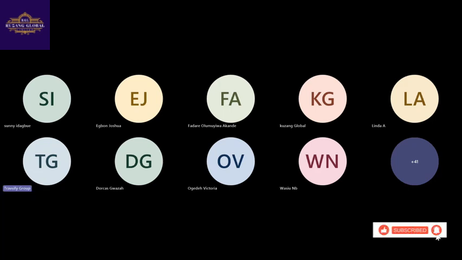We have JobVite, spelled J-O-B-V-I-T-E. We have iCIMS. It's an example of an ATS software, so you can go and check them out. We also have Taleo.